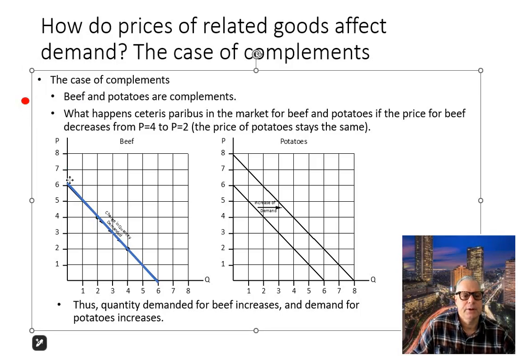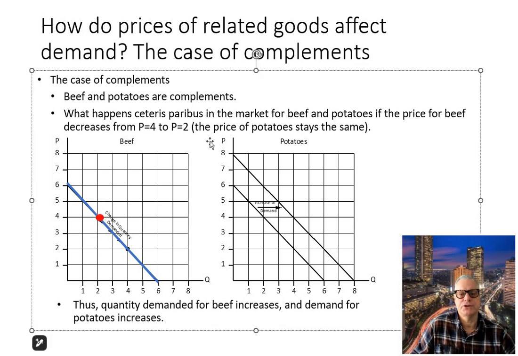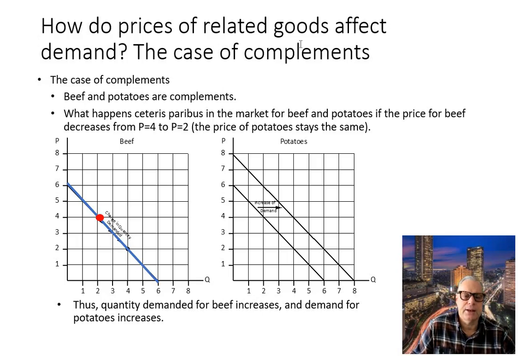Let's say we have two demand functions, and the demand functions are for two complements. Let's say beef and potatoes. Other complements are peanut butter and jelly, or French fries and ketchup. So beef and potatoes are complements.